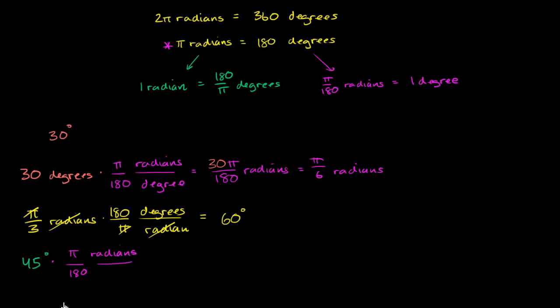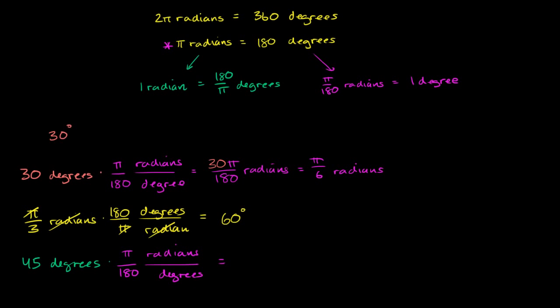Actually, let me write this with the words written out. For me, that's more intuitive when I'm thinking about it in terms of using the notation. So 45 degrees times, we have pi radians for every 180 degrees.